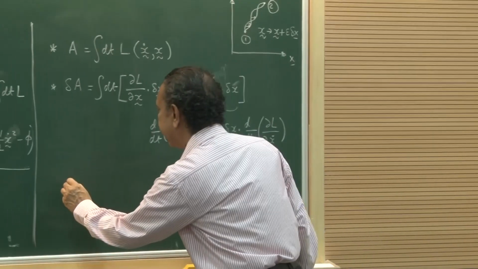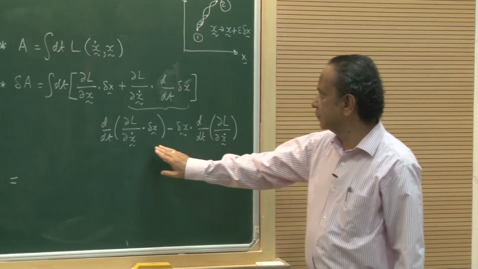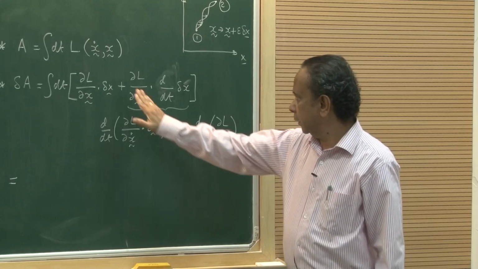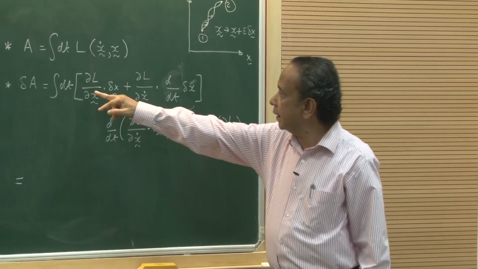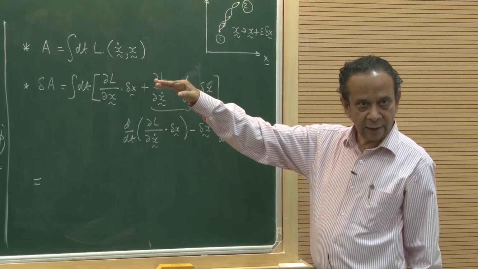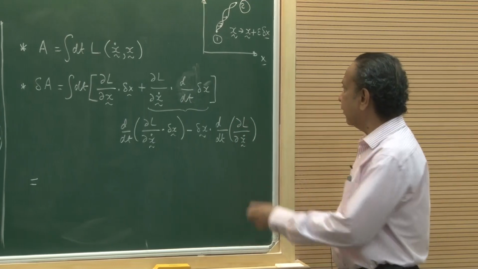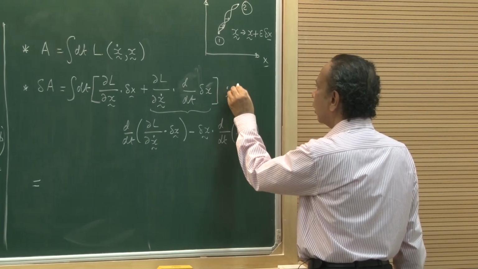So, then your delta A becomes, there are now two terms. There is one term which comes with a plus sign and it is integrated over dt. It is a derivative of some quantity integrated over time. So, it is only going to give you this quantity at the endpoints. Just for convenience, I will introduce one more definition.